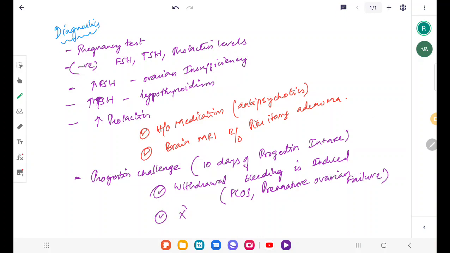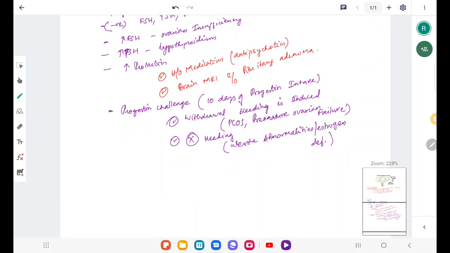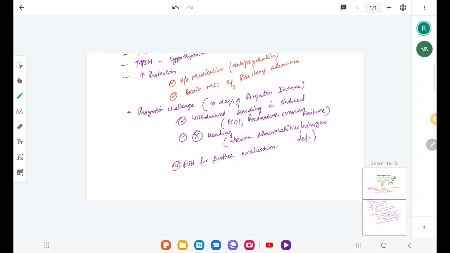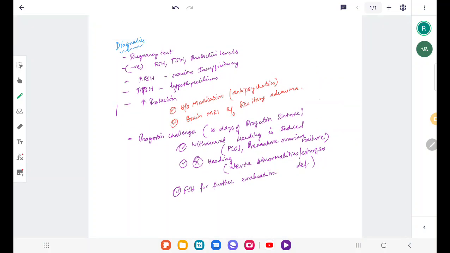If there is no withdrawal bleeding, we shall suspect uterine abnormalities, or it could be estrogen deficiency, right? And evaluate the values of FSH for further evaluation. Alright, so these are the diagnostic procedures which could be performed for secondary amenorrhea.